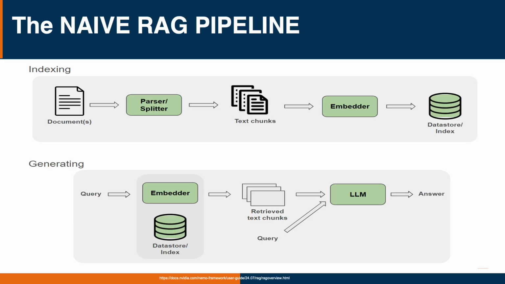Now, if you look at the generating pipeline, it is also like the reverse, but you need an LLM at the end. So here I come in, and my company has already indexed some policies and information. I come in and ask my question, and my question also has to be converted.